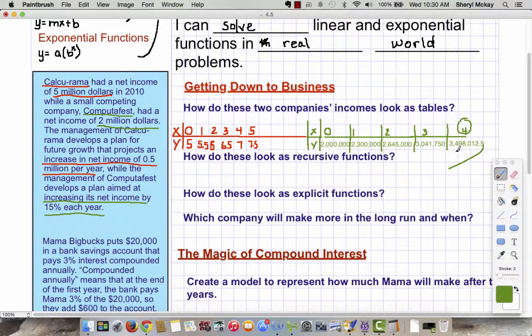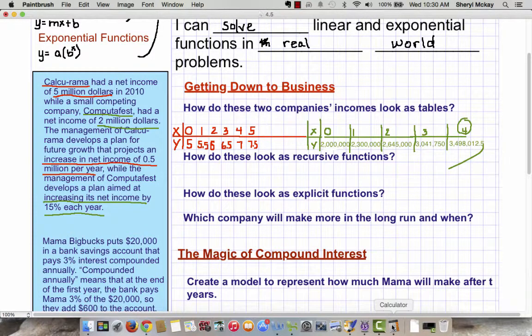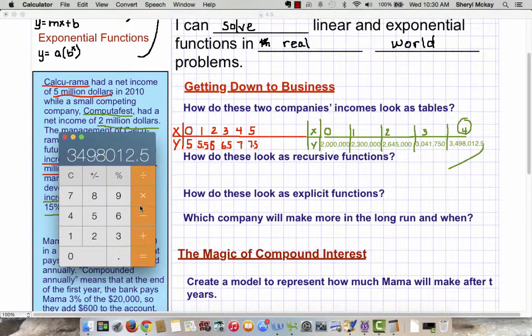You can see that by year 4, ComputerFest is getting pretty close to adding $500,000. They went from 3,041,000 actually to 3,498,000. So if we actually took 3,498,000 and we multiplied that times 1.15, which means we're going to be adding the 15%, we would get 4,022,714,375.